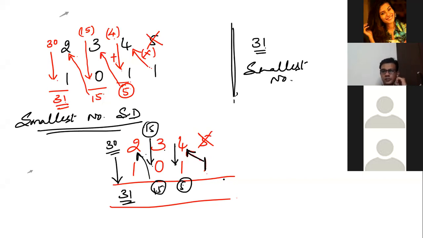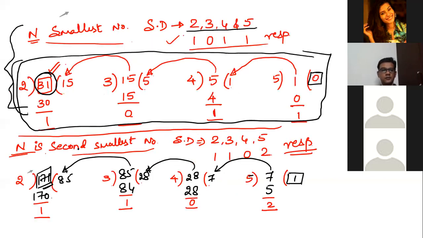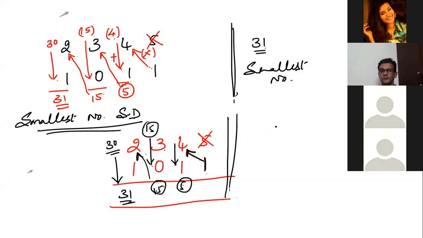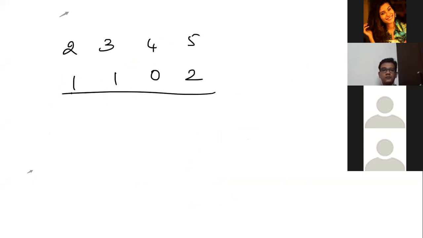Much, much easier than what we have done. Okay? So let me take the previous question here. N is the second smallest, so I will ignore this second right now. Let's say N is the smallest number. 2, 3, 4, 5 with remainders 1, 1, 0, 2.